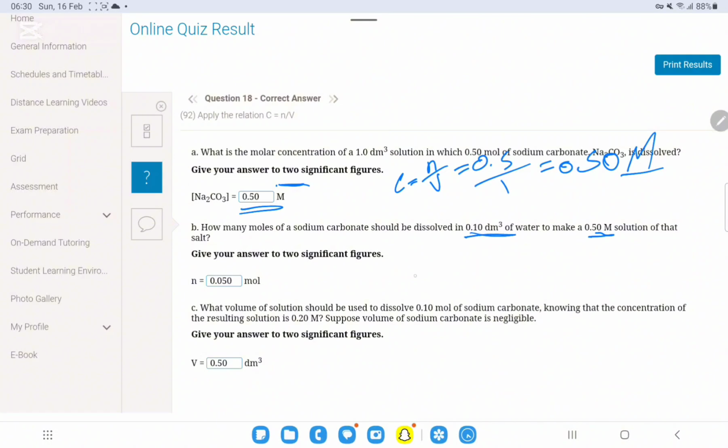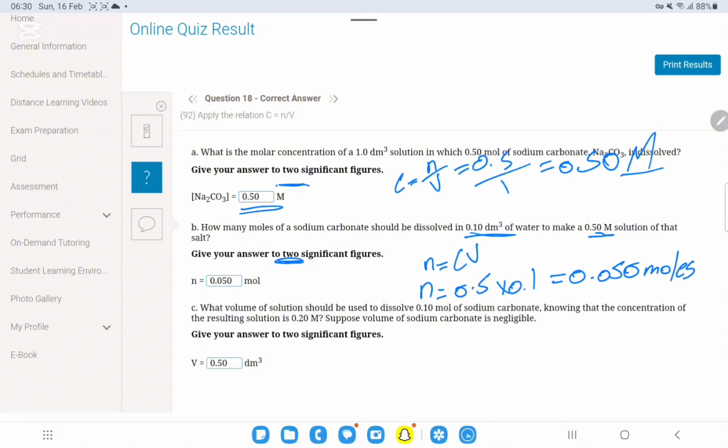They want the moles. N equals CV, so N is 0.5 times 0.1. You can put it in your calculator. 0.5 times 0.1. You get 1 over 20 or 0.05. Again, two significant figures. So 0.050 moles.